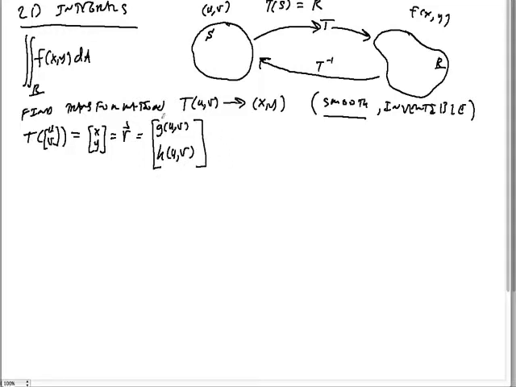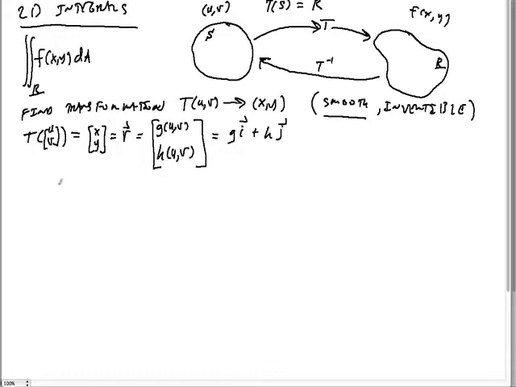These functions are continuous, smooth, and invertible. Another way to write them is g times the unit vector i plus h times the unit vector j. Okay, so that's nice.